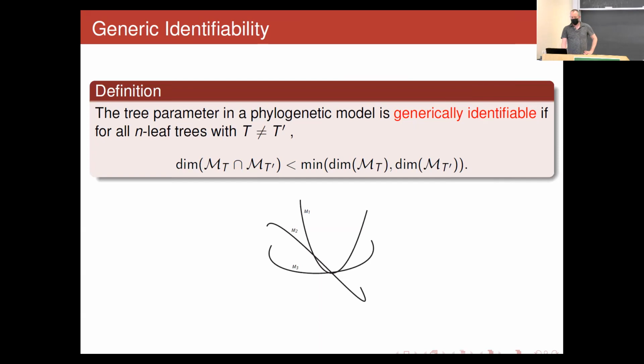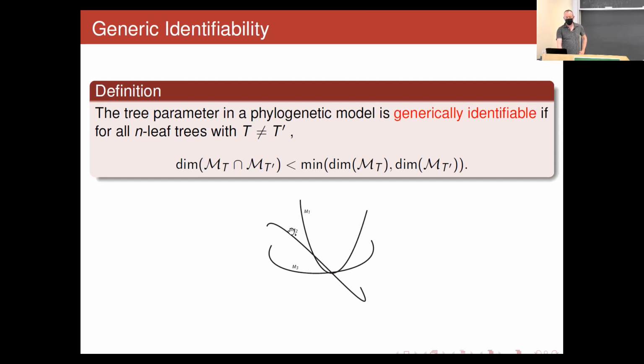There are different ways to phrase this, but this is the way I prefer: for any two different trees, you intersect the models for those trees, and the dimension of that intersection should be strictly less than the dimension of either of those two models.